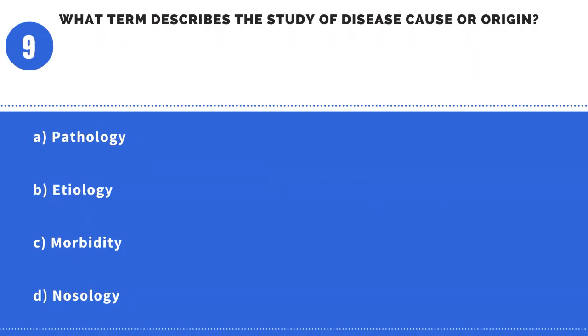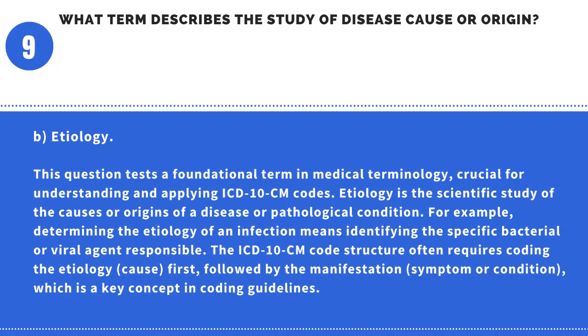Question 9. What term describes the study of disease cause or origin? A. Pathology. B. Etiology. C. Morbidity. D. Nosology. Answer B. Etiology. This question tests a foundational term in medical terminology, crucial for understanding and applying ICD-10-CM codes.